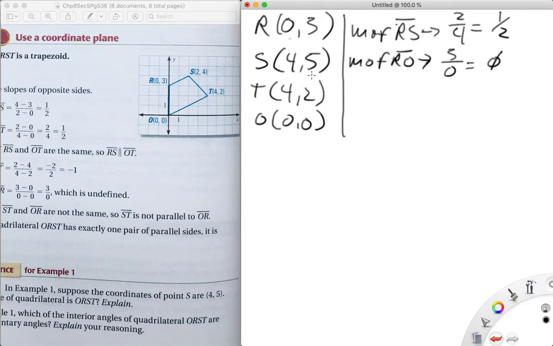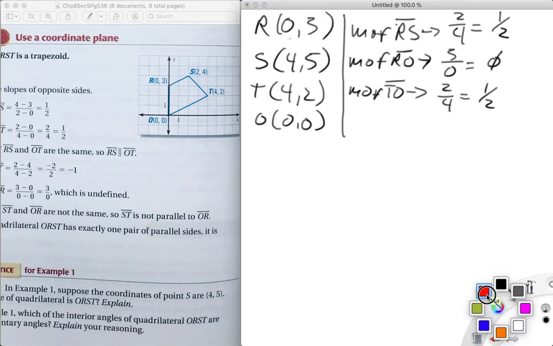And the slope of TO is 2 over 4, which equals 1/2. So we have a pair of parallel sides right here with RS and TO. So we have at least a trapezoid.